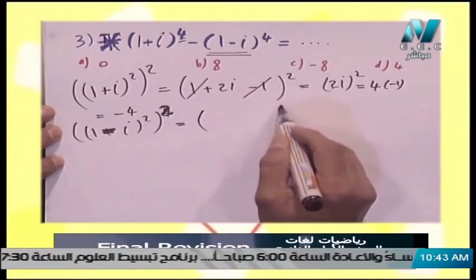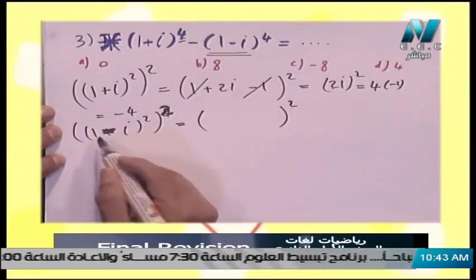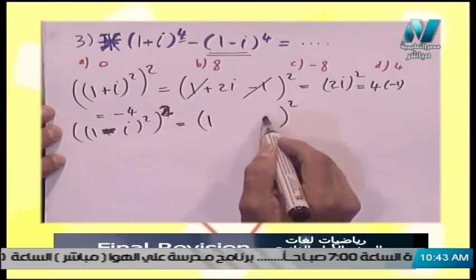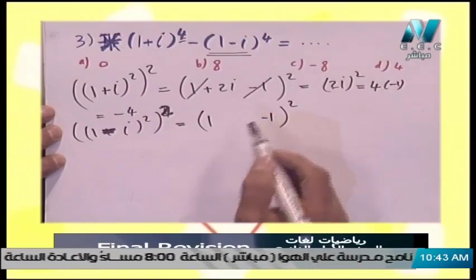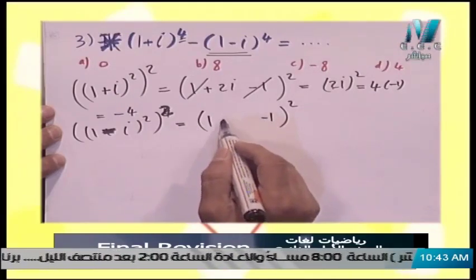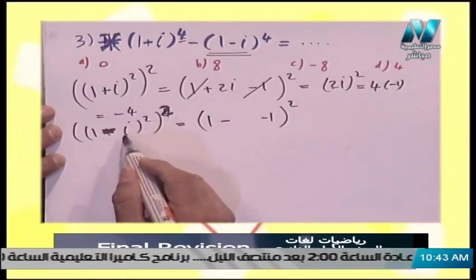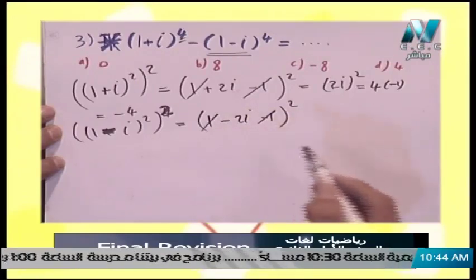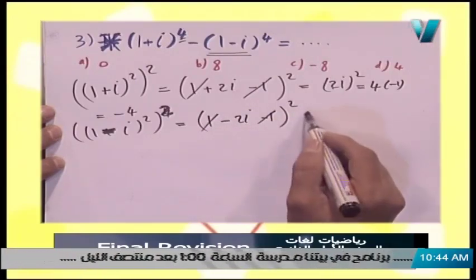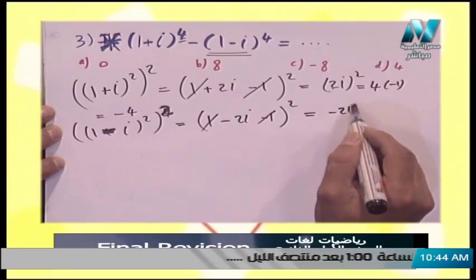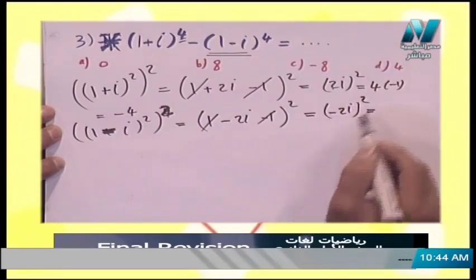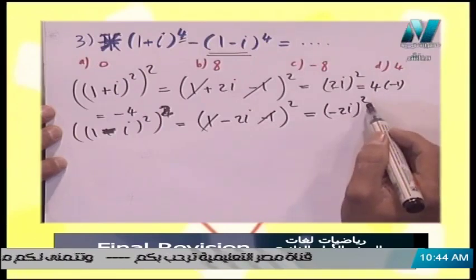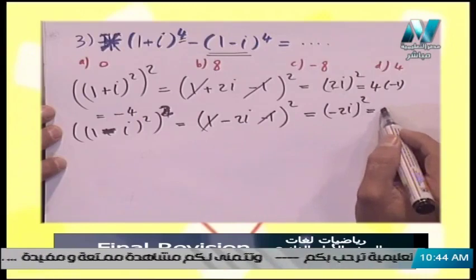This bracket power 2: 1 power 2 equals 1, and negative i power 2 equals negative 1 also, and we have 2 multiplied by 1 multiplied by negative i equals negative 2i. You cancel 1 with negative 1, the sum equals 0, and we have only (negative 2i) all power 2. Negative 2 power 2 equals 4, and i power 2 equals negative 1, so it's negative 4.